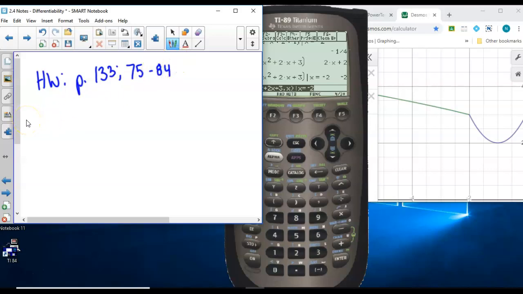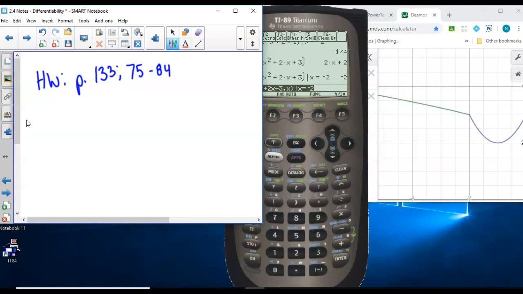The first ones, 75 through 78, those are with a calculator. 79 through 84, I want you to try those without a calculator.